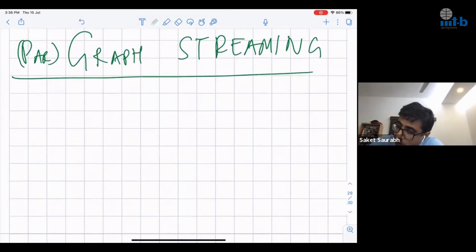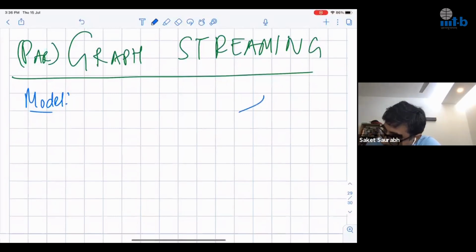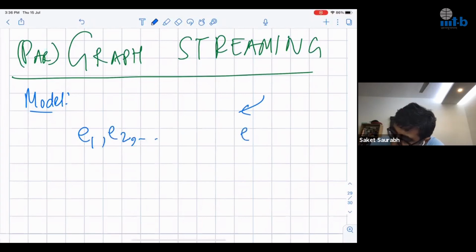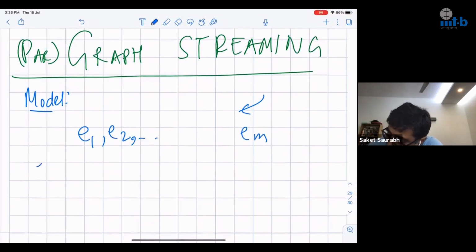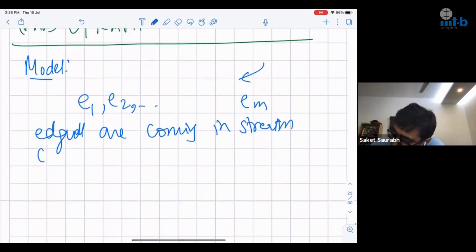So first, the model. What's the model of computation here? In this model, edges are coming in a stream, one at a time.